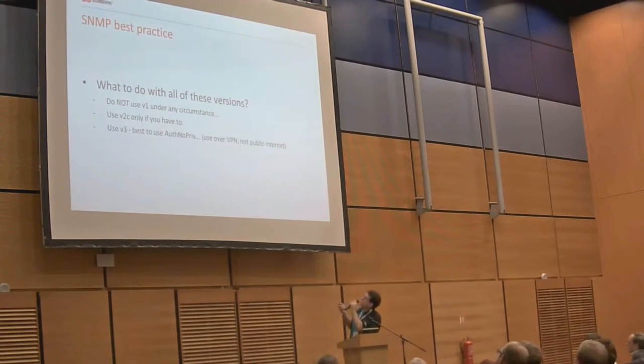But then run the SNMP communication over VPN, not over public internet. If you have to run SNMP over public internet, use, of course, version 3 with encryption. But generally, you should be using authentication, no privacy, and then encrypt only the transport link which leads over the internet. So this is the basic stuff.